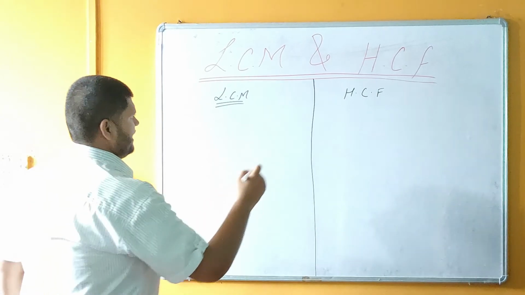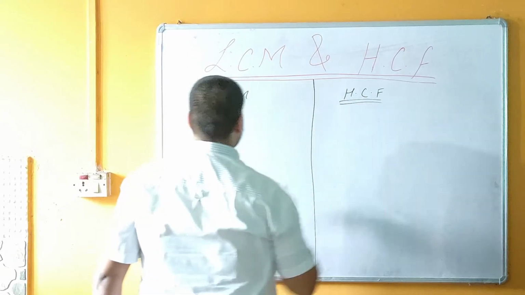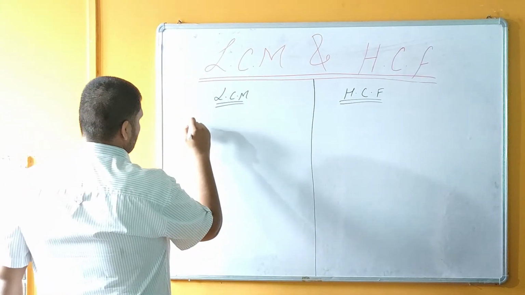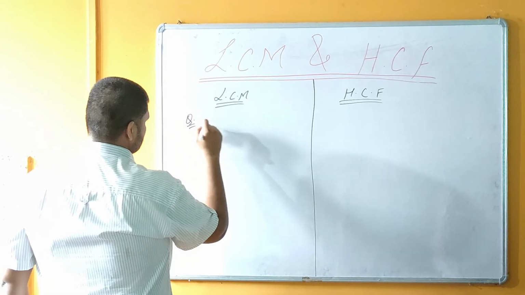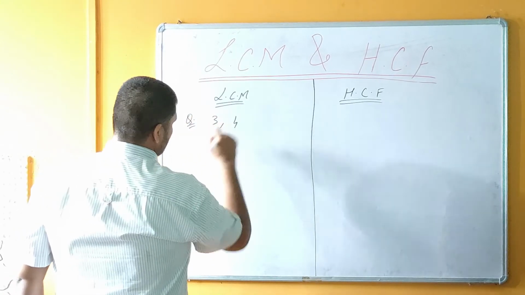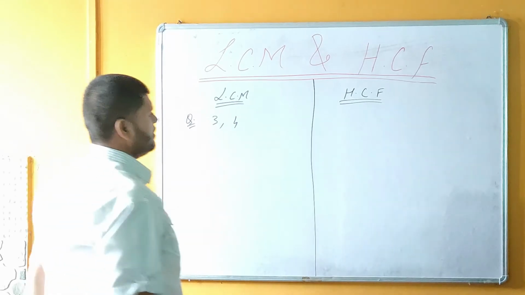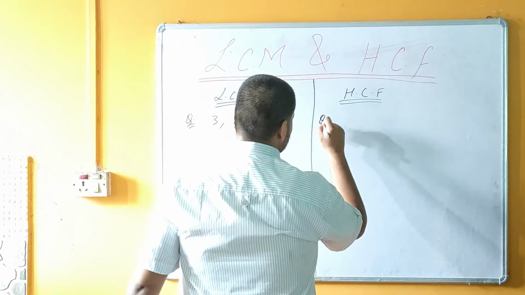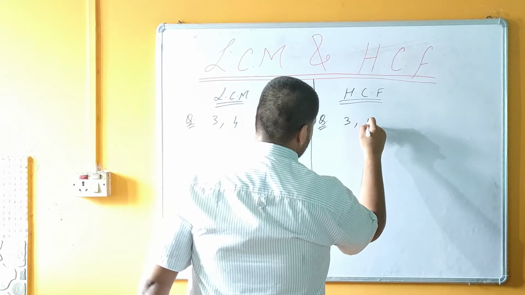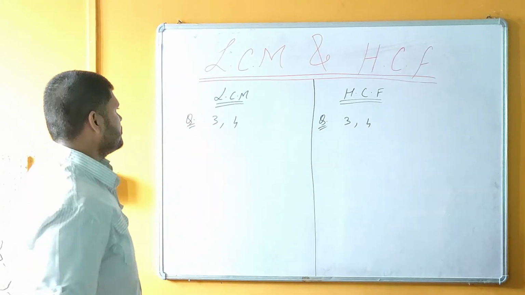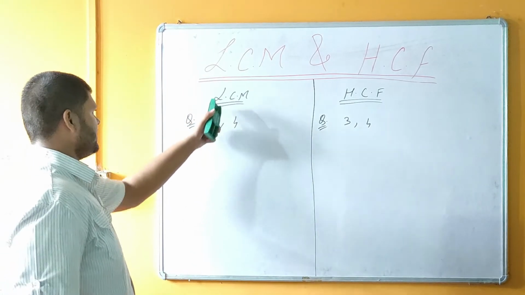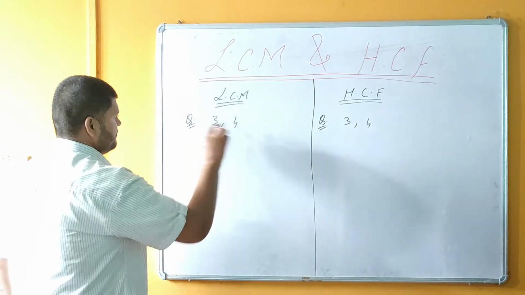Okay, I will take two numbers, 3 and 4. These are the two given numbers, and here also I am taking 3 and 4. Okay, so now I will first find the LCM for 3 and 4.